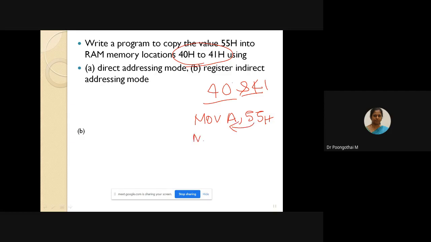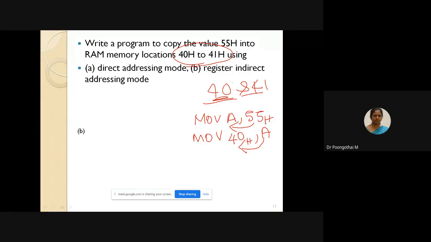And next, this value should be loaded into this memory location. So directly you can use this memory address and your source must be the accumulator. The accumulator now holds 55. So after execution, your 40H holds 55. That is, your 55 data is written into internal memory location 40H.